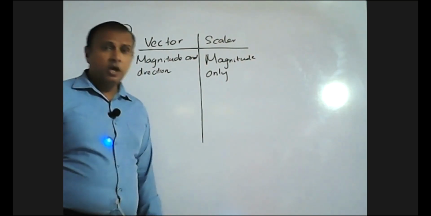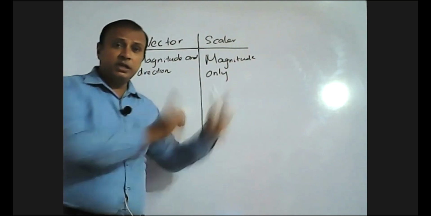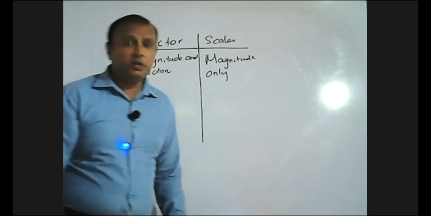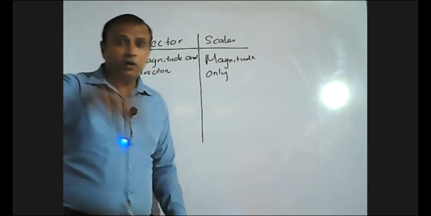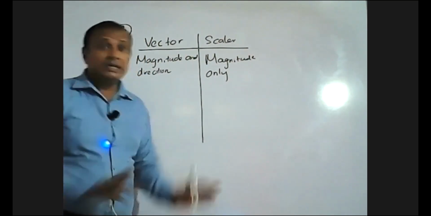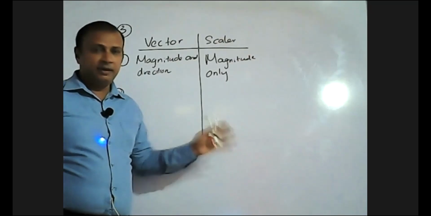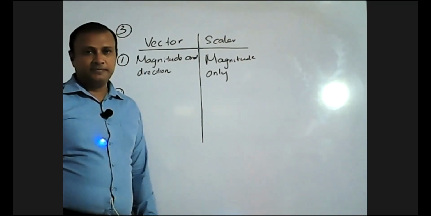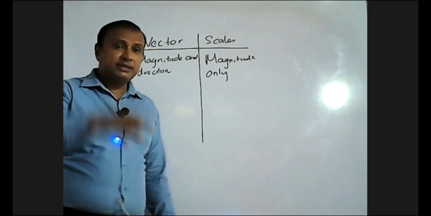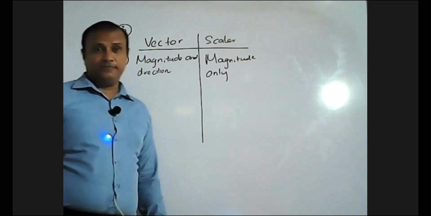But if you want to add 20 Newton force to 5 Newton force, we cannot simply add 20 plus 5 to get 25, because vectors have direction.